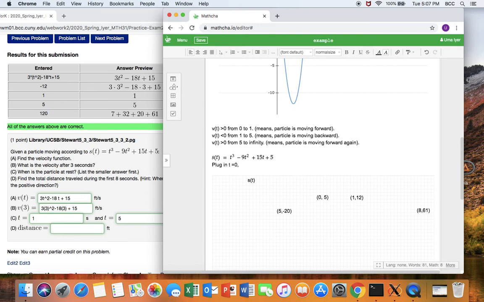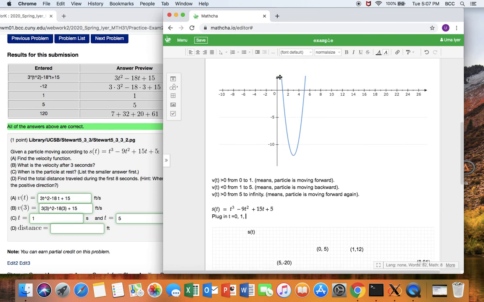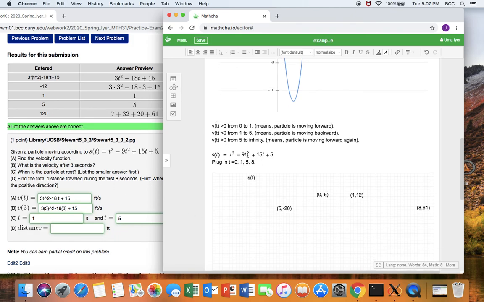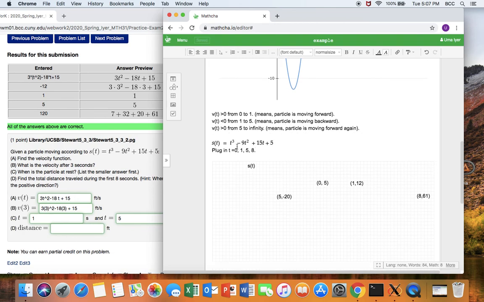t equals 0, then 1, then 5, and then 8. 8 because that's part of the question, first 8 seconds. These 4 numbers you need to plug into your position function, and you get these values.